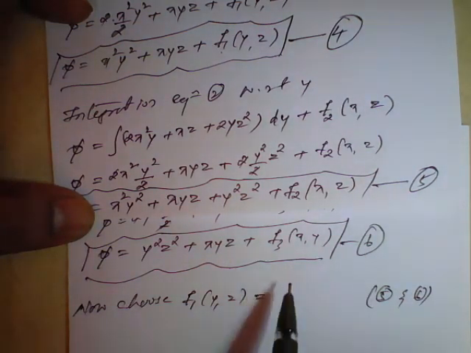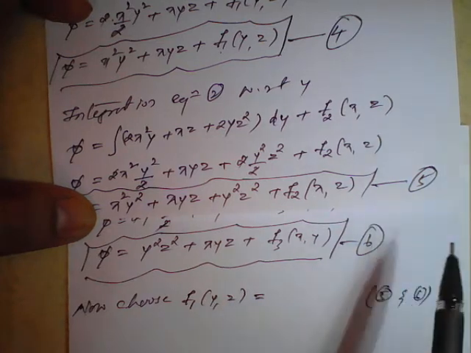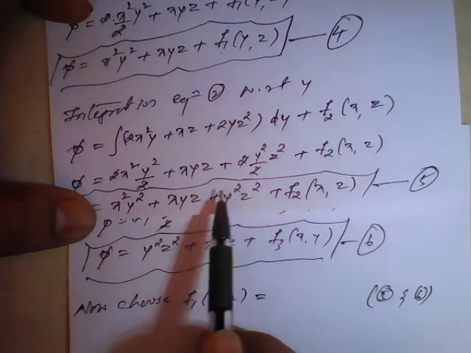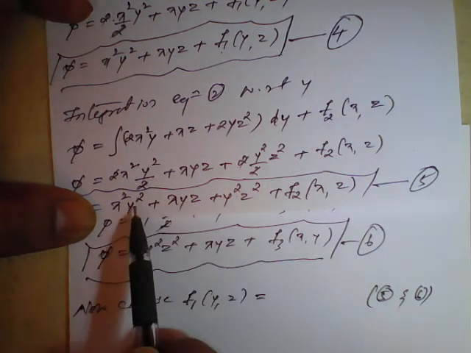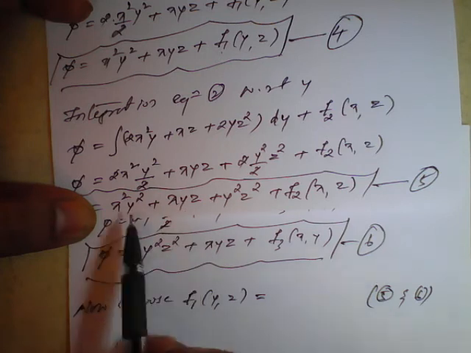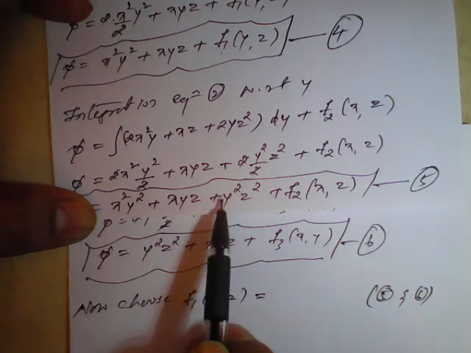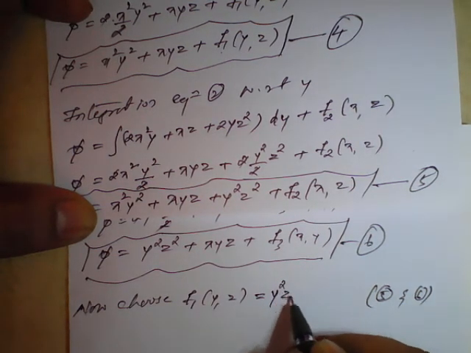For f1 of yz, from equations 5 and 6, you observe that you have to choose the term that is free from x. Here x is there, we can't take this. Here also x is there, we can't take this. Here it is free from x, so I will write y square z square.